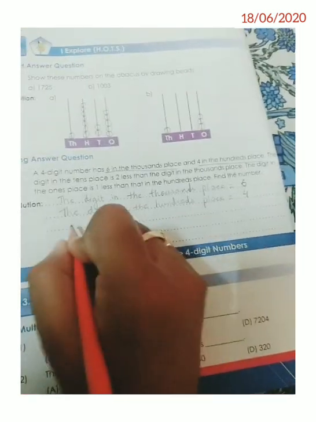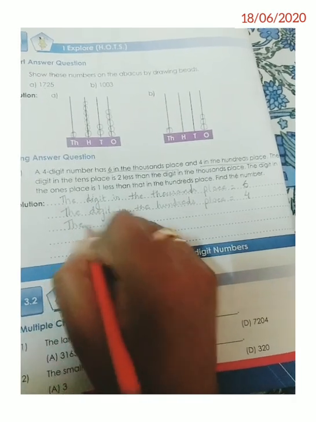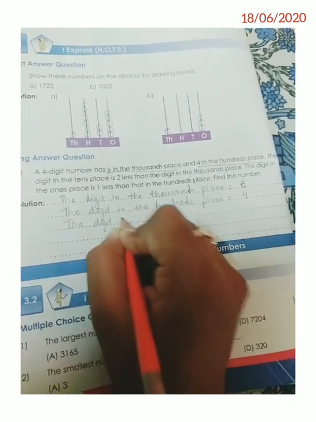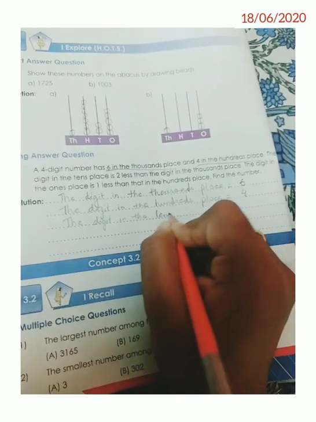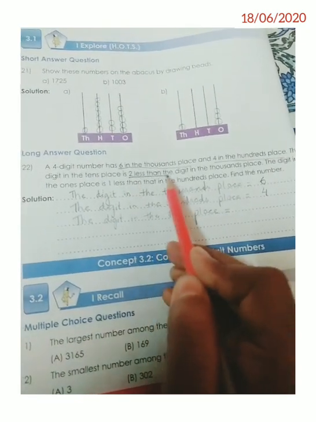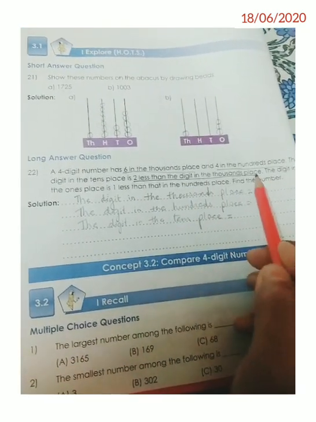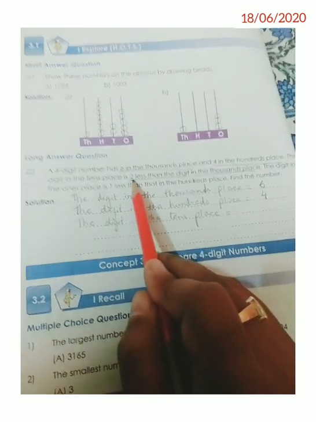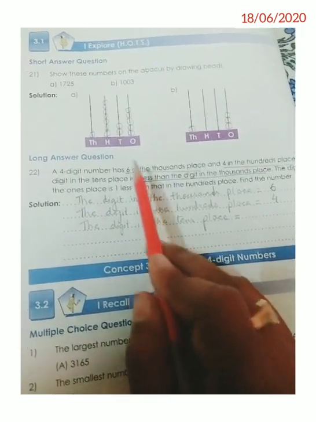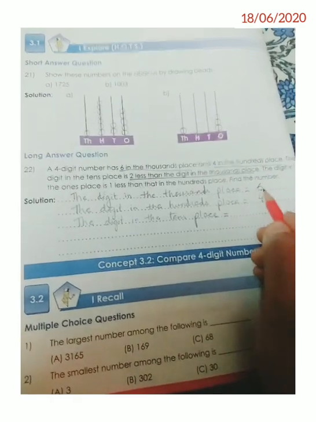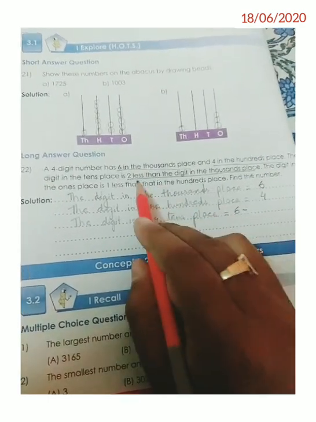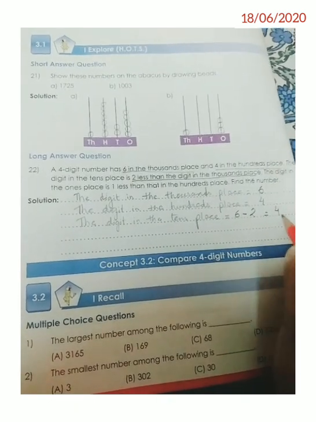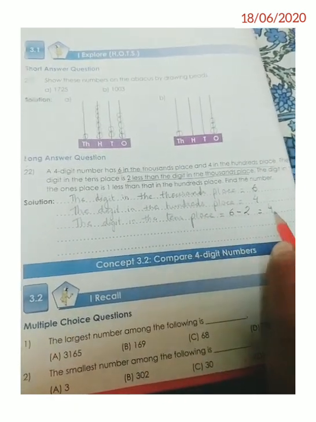Next we will write down for the tens place. The digit in the tens place is equal to, look at the question carefully. The tens place is 2 less than the digit in the thousands place. That means you have to subtract 2 from the number that is there in the thousands place. In the thousands place we are having 6, and how much you have to subtract? 2. So 6 minus 2, what will be the answer? 4. So the required number in the tens place is 4.